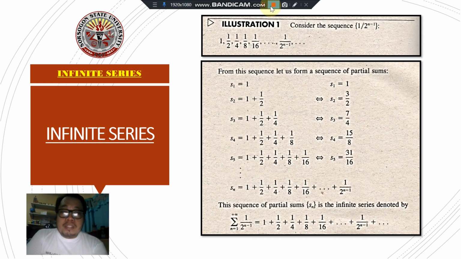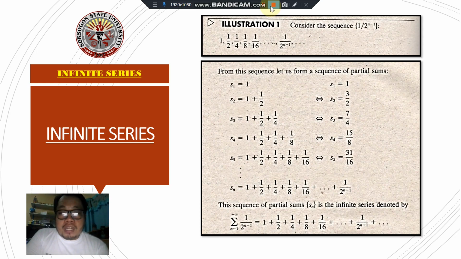Now from this sequence, let us form a sequence of partial sums. For S sub 1, that is the sum of the first term, so that is equal to 1, or U sub 1. Next we have S sub 2, that is 1 plus 1 half, the sum of the first two terms, which is equal to 3 halves.